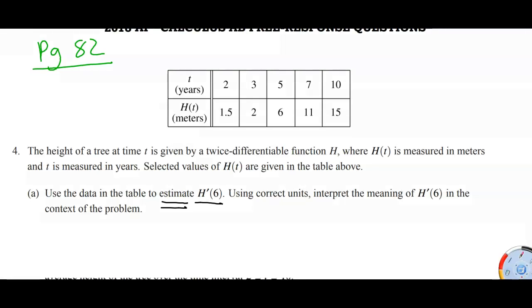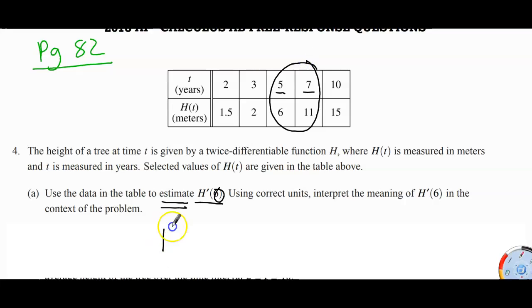When you're doing this, you want to pick the 2 points that are closest to the value that you're trying to find the instantaneous rate of change at. So this is an x value. The 2 points that are closest to x equals 6 would be here: t equals 5 and t equals 7. So we're going to use these 2 data points.